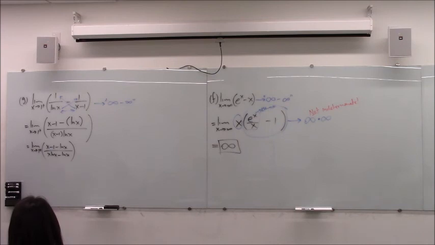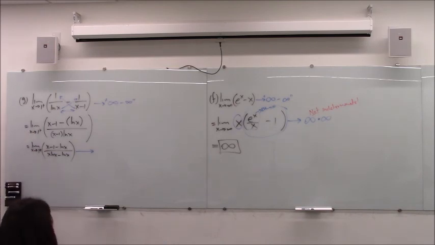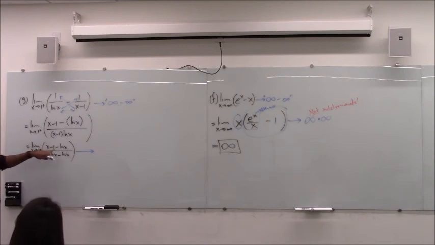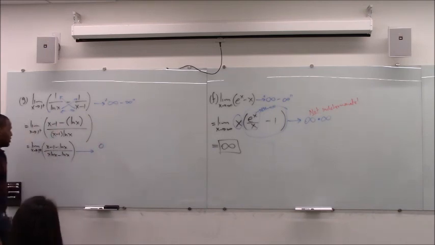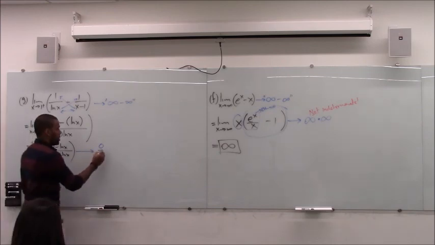And what does that approach? Well, if my x is approaching 1, then x minus 1 is approaching 0, and ln of x is approaching ln of 1, which is also 0. So the top is 0. In the denominator, if my x is approaching 1, this part will approach 1 times ln of 1, which is 0, minus ln of 1, which is 0. So this is a 0 over 0 situation.